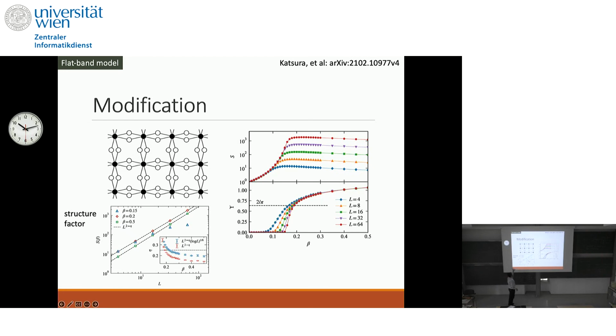So anyway, this is a simulation result, and this is something similar to the structure factor. As you change beta, the value of beta basically represents the hopping amplitude. As you go to larger hopping, then you enter the KT phase.